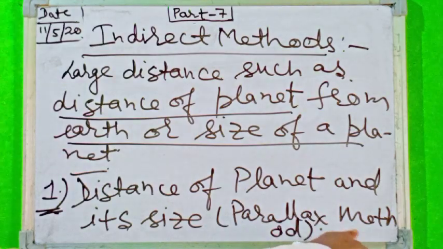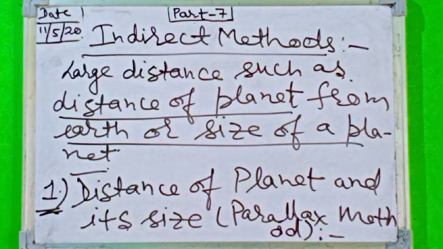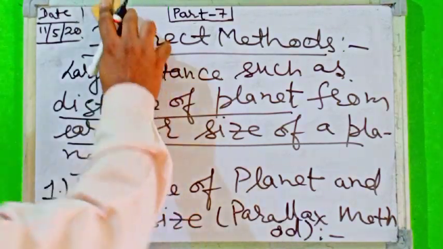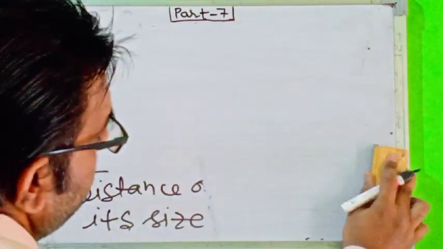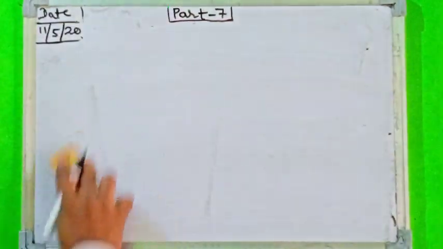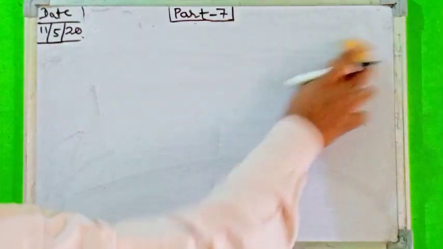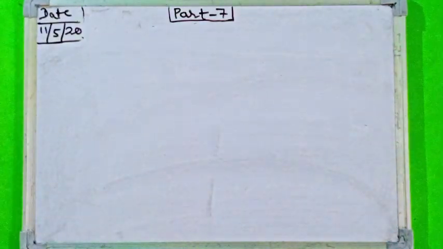P-A-R-A-L-L-A-X, parallax, M-E-T-H-O-D, method. So this can be measured by the parallax method. Now we will understand what is the meaning of parallax.